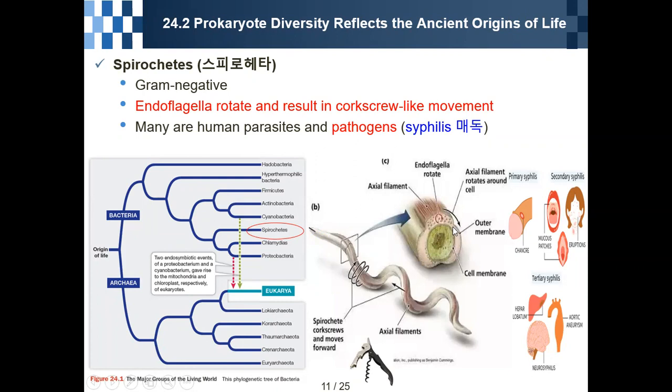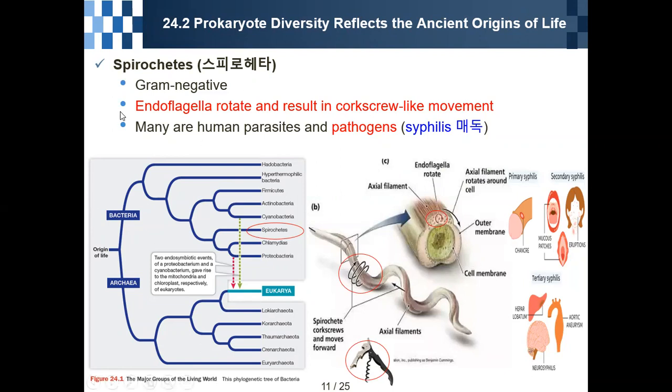They have several endoflagella structures. Each endoflagellum can rotate, and another endoflagellum can rotate too. So they make a screw-like, corkscrew-like movement.